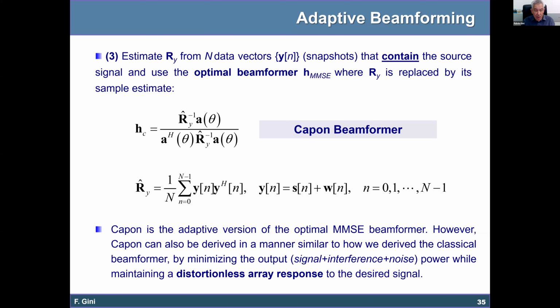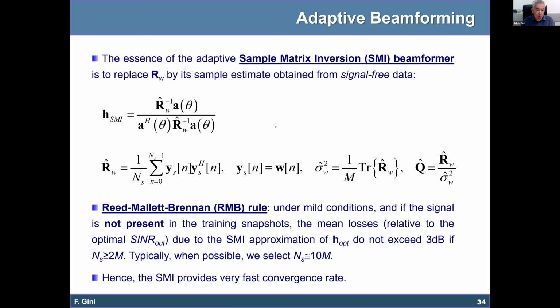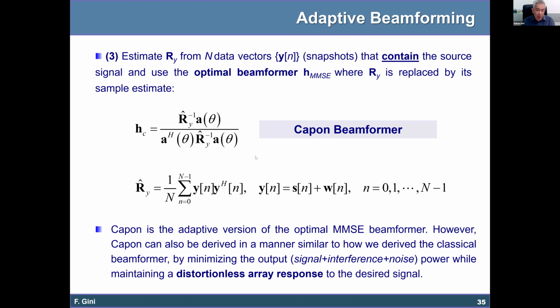One is called the sample matrix inversion beamformer, and the other is typically called the Capon beamformer. So you have to choose one or the other depending on whether you can collect secondary data contaminated by the signal or not.